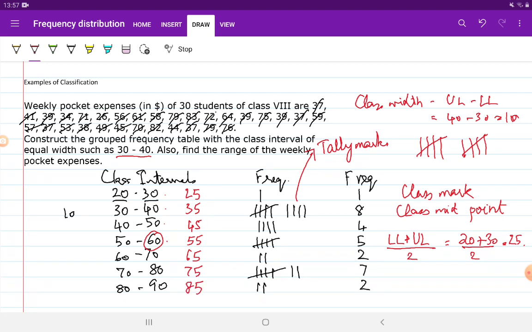Right, once again the class mark will assume importance when we start to represent these frequency distributions graphically. Okay, but just remember, this is how we calculate. Between successive class marks, the difference will be equal to my class width. So class width is 10, which is why if I know my first class mark is 25, the next one will be 25 plus 10, 35 and so on.